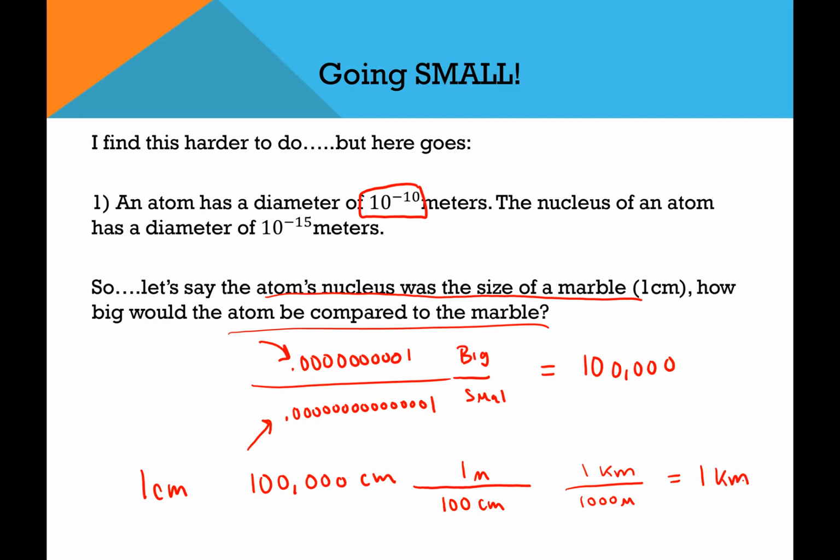All right, so what do we have here? What we have is a marble, literally a marble, and that's our nucleus of our atom. The actual size of the atom is going to be a kilometer. Okay, do you know how big a kilometer is? Let's see if I can come up with something similar.